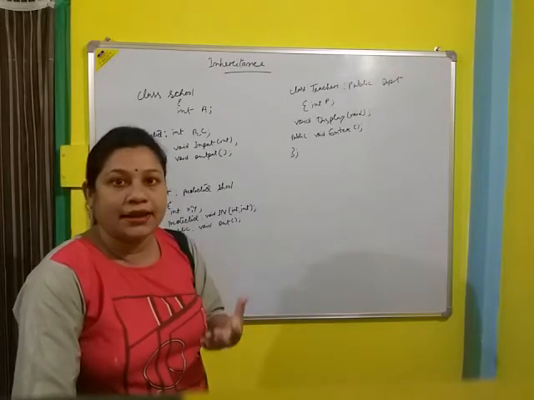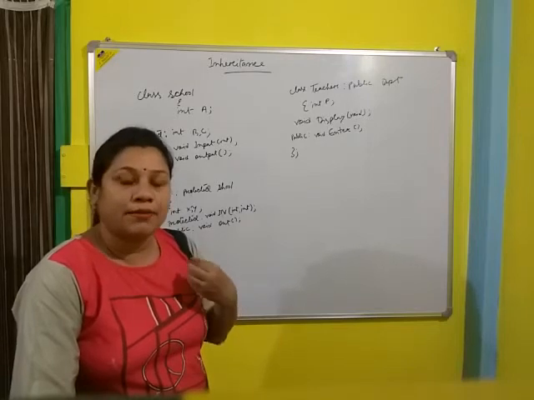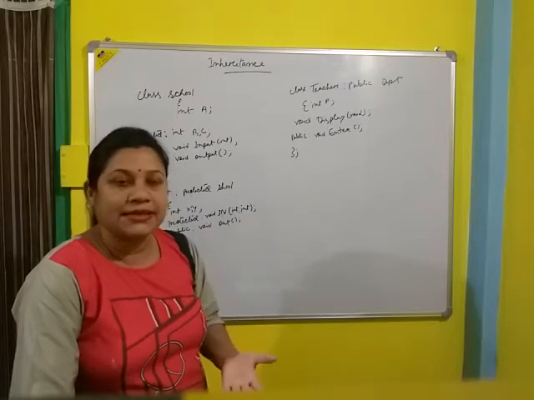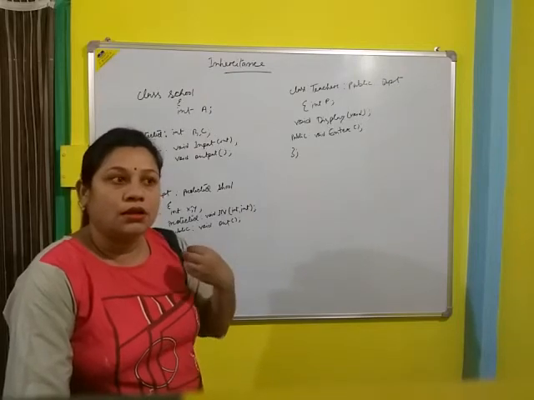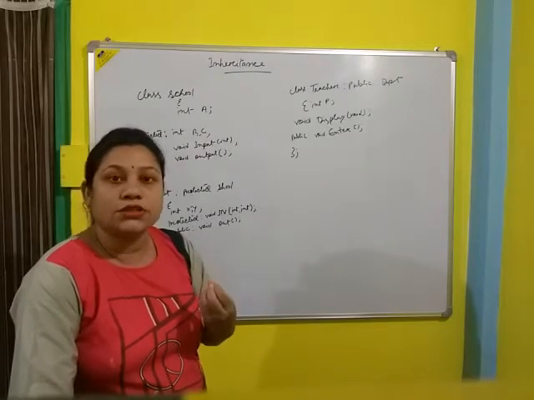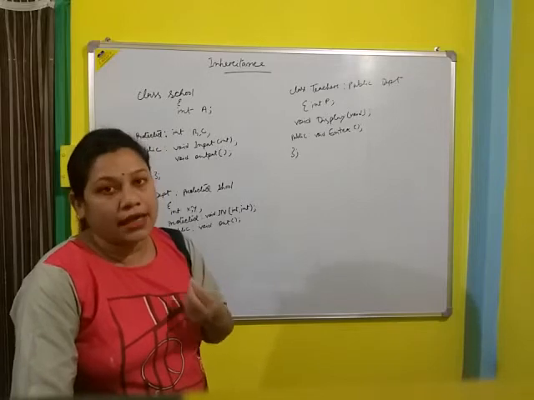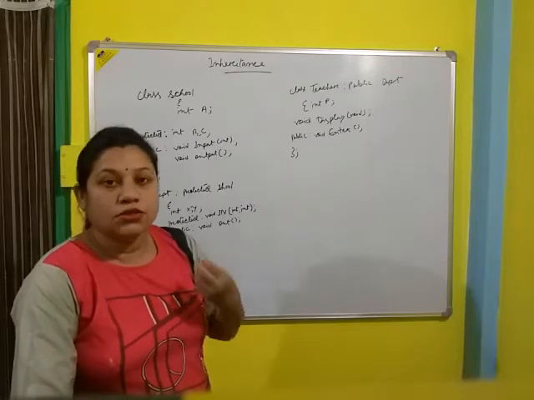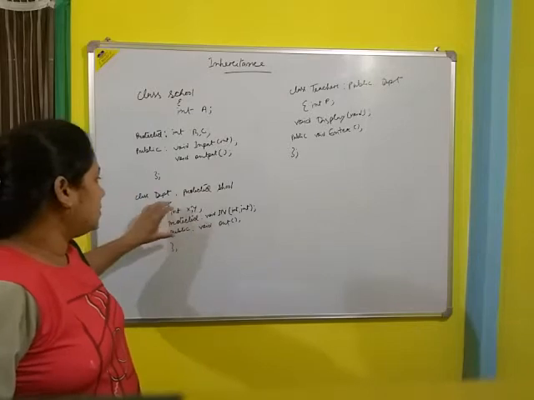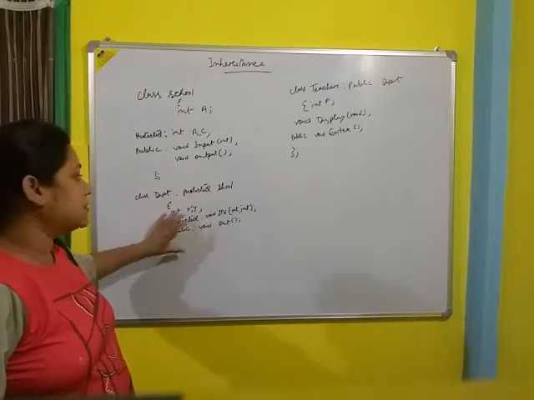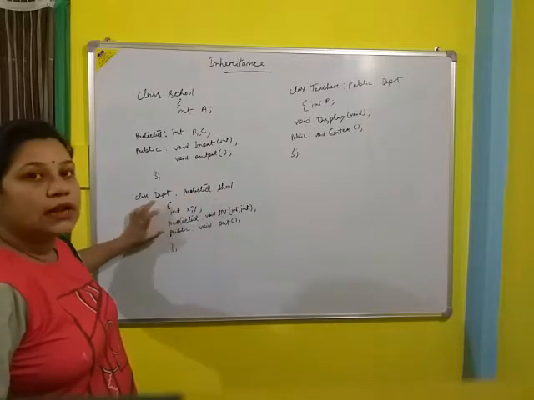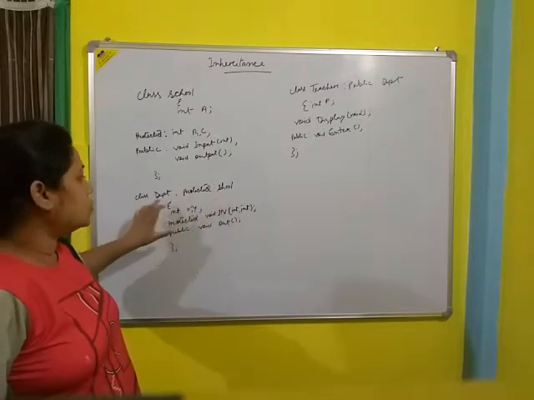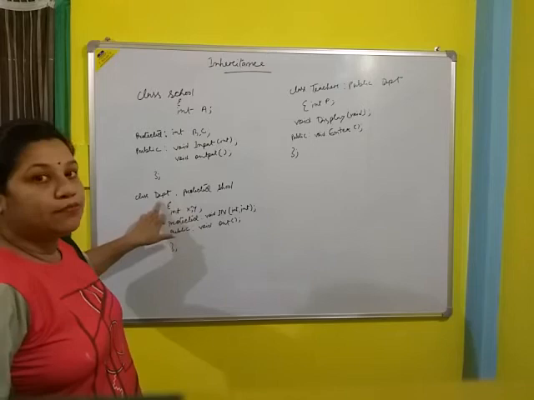Apart from the inherited data members and member functions of a base class, the derived class can also have its own data members and member functions. ঠিক আছে? So that's why in this department derived class we have some data members and member functions. These are its own, these belong to the class department only.